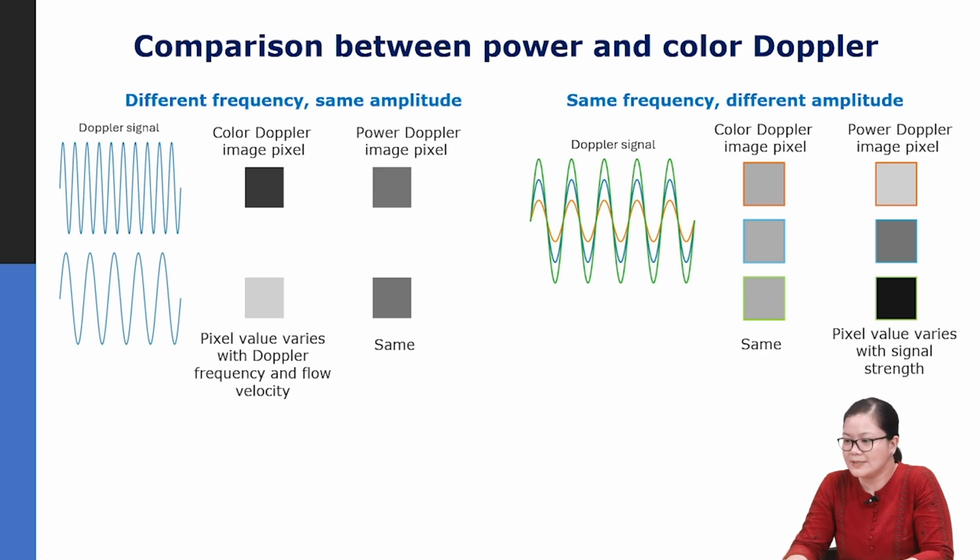Whereas in power Doppler, because these signals have different amplitudes, the pixel values will also vary. It will read that the signal has different strengths here. So in power Doppler, you are able to identify those differences in the strengths.